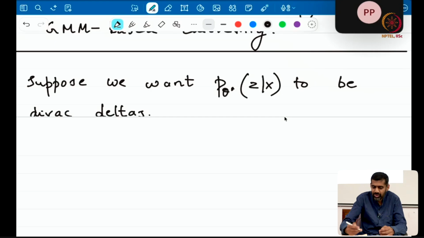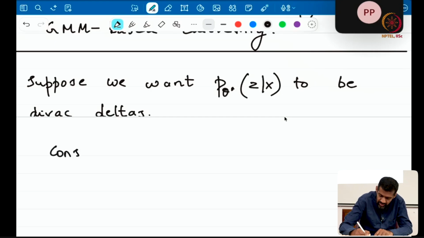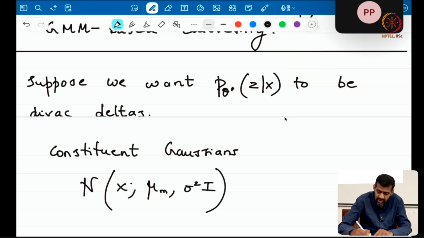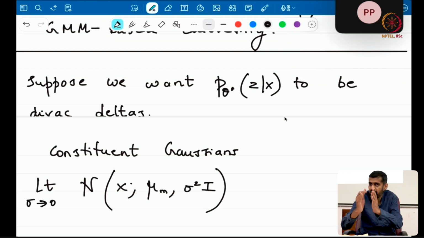You understand what I mean? So in this case, the constituent Gaussians should all have different means, but variances which are diagonal, and we want this variance to go to 0. We need to have infinitesimally small variance.